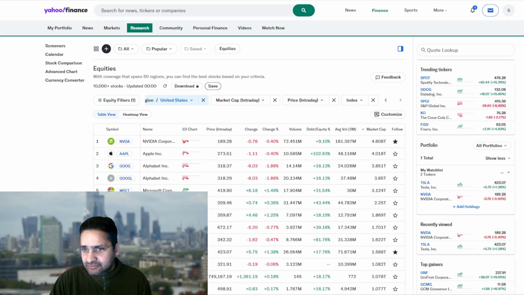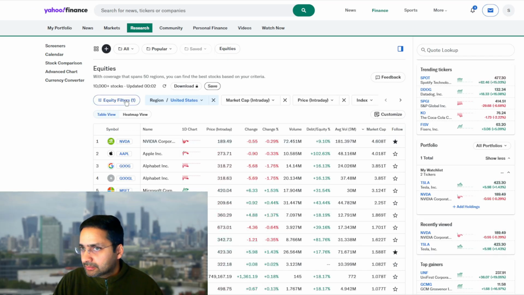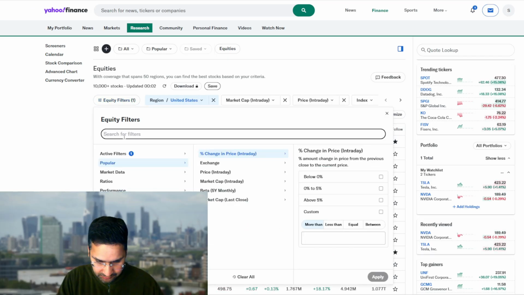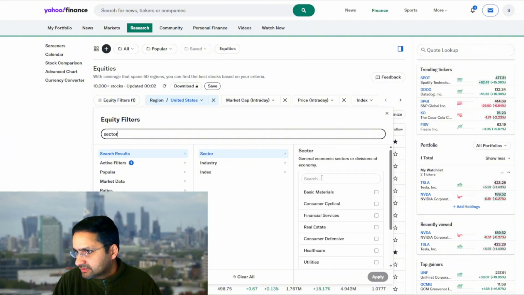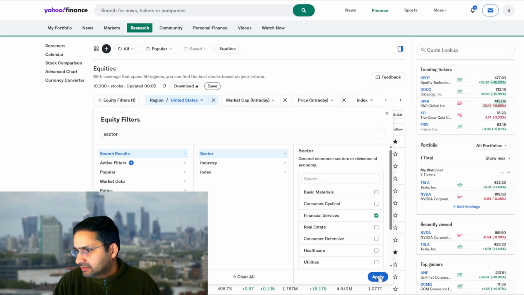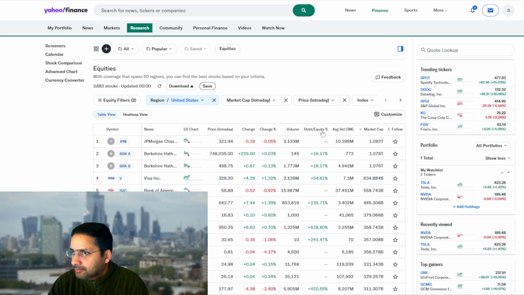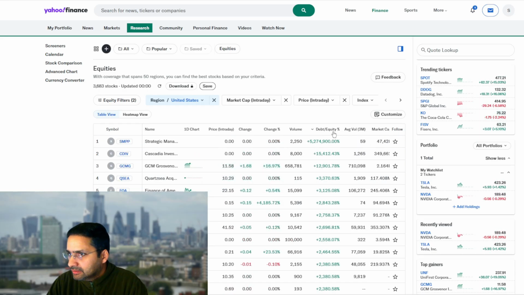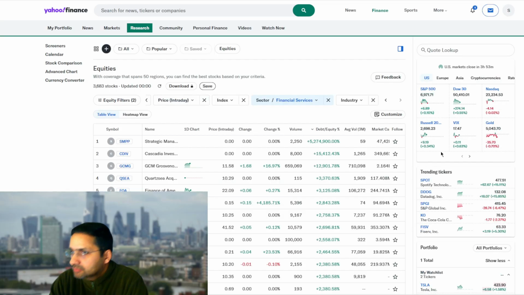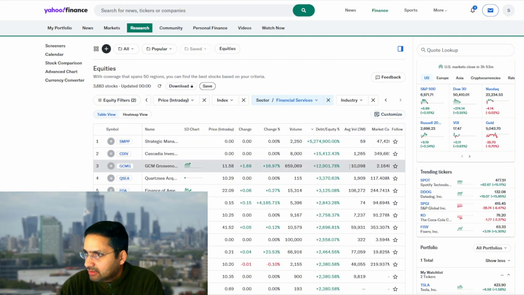Now if we filter by industry, so apply equity filters, find sector, and let's see financial services. You will see these companies have huge debt to equity ratio.